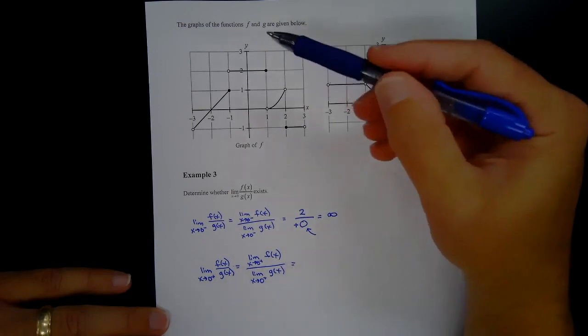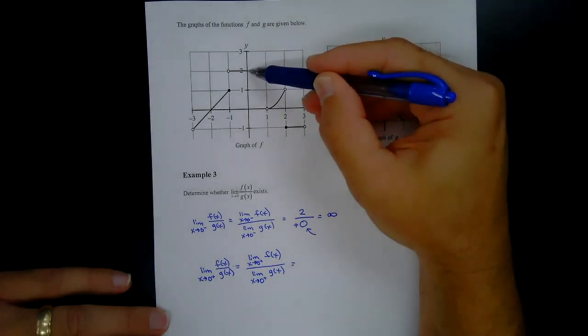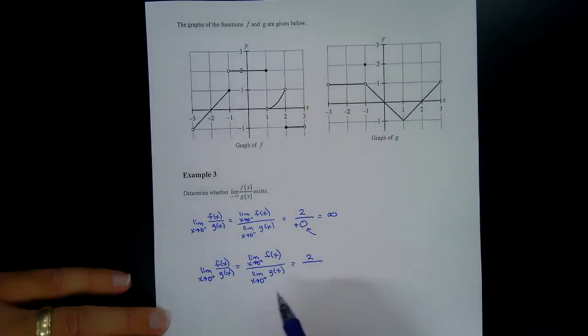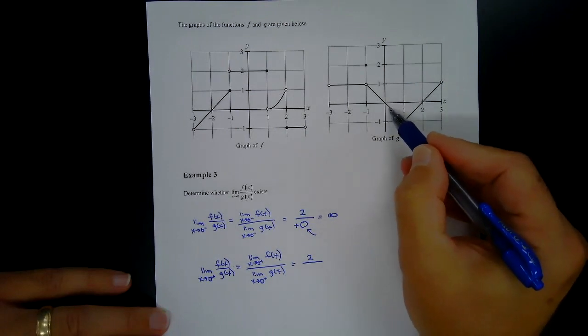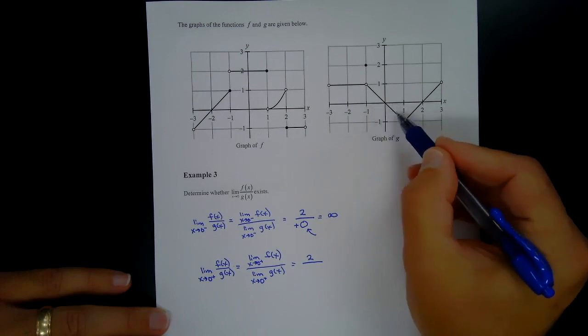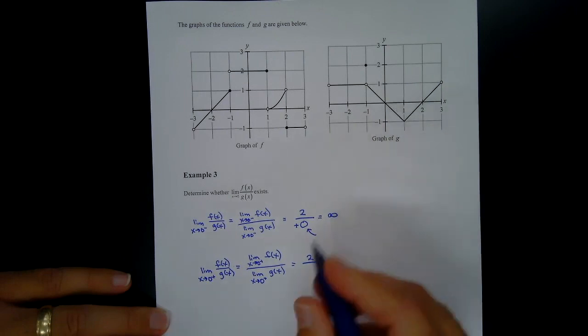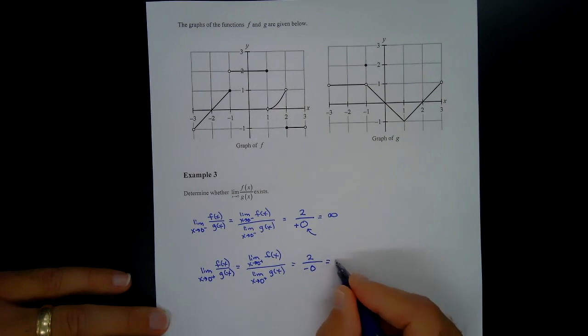As we approach 0 on the f function, we're getting closer and closer to 2 for the numerator, positive 2. As we approach 0 for g of x from the right, we're getting closer and closer to 0 again, but all of these values are going to be negative because it's below the x-axis. So all of these outputs are negative, and we're getting closer and closer to 0. So this would be negative 0, which tells you this would come out to be negative infinity.